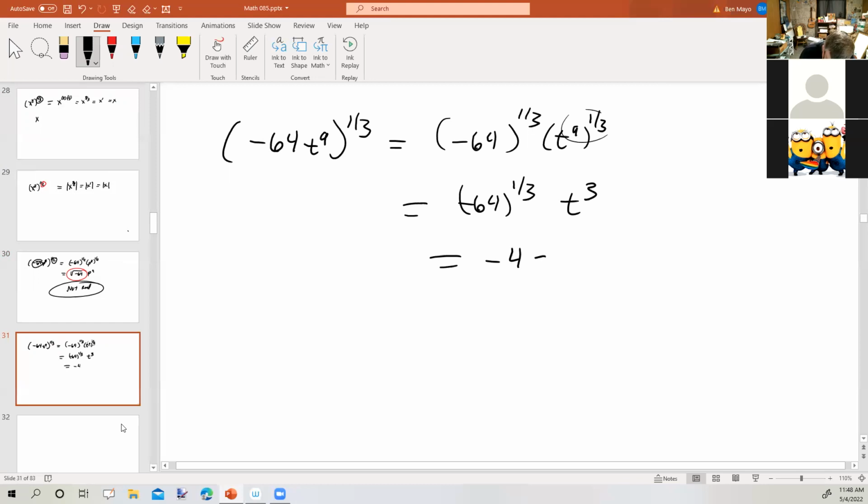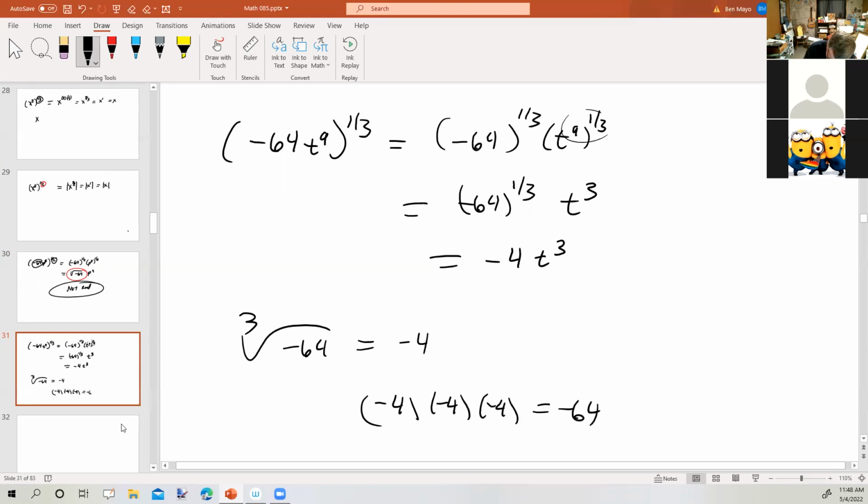So we get -4 t cubed. -4 times -4 is +16, times -4 is -64. So the cube root of -64 is -4 because -4 times -4 times -4 is -64. All right. Well, let's go on.